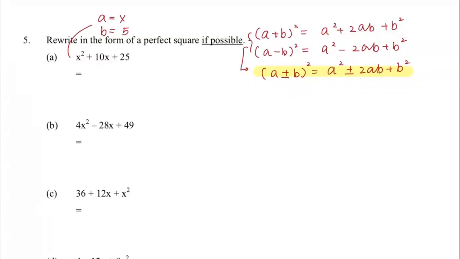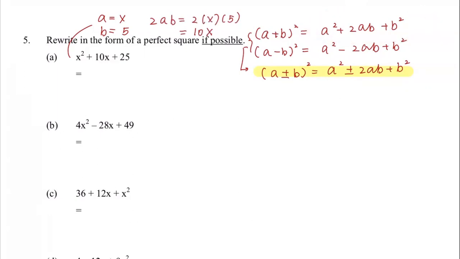So now we have a is equal to x, b is equal to 5. 2ab is equal to 2 times x times 5, so this is 10x. We have 10x here, 10x here, which means this expression perfectly fits the formula.